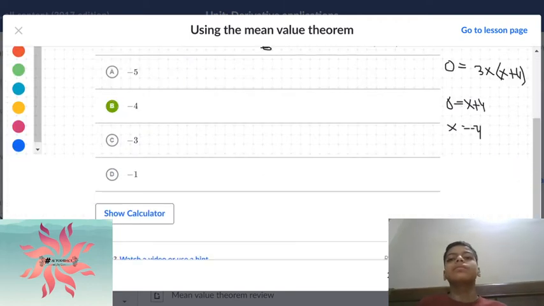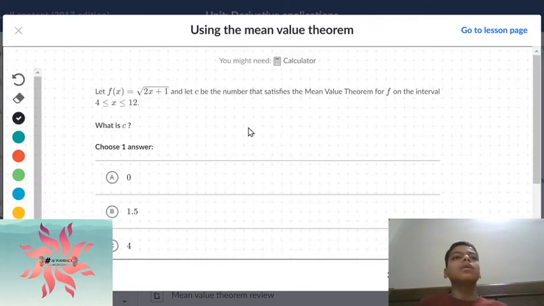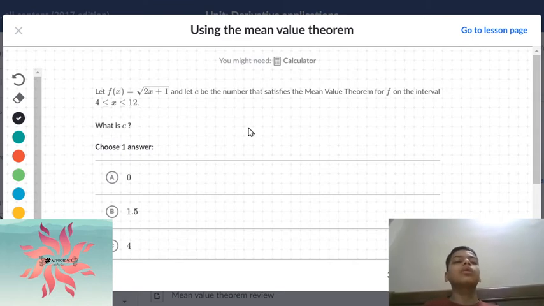Let's check. Correct. Let f of x equal the square root of 2x plus 1, and let c be the number that satisfies the mean value theorem for f on the interval 4 is less than or equal to x is less than or equal to 12.